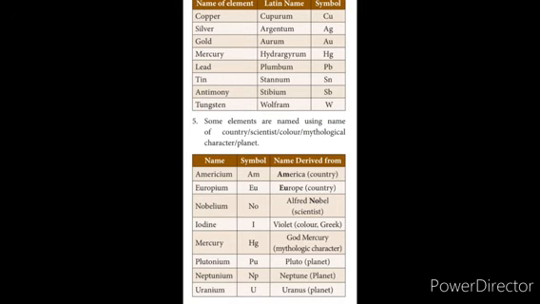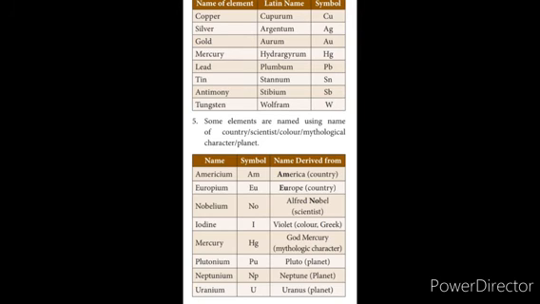And some elements are named using the name of a country also. Scientists, colors, mythological characters, planets, these we also consider. For example, europium, the symbol is Eu, from the country Europe. And iodine is I, from the Greek word for violet color.